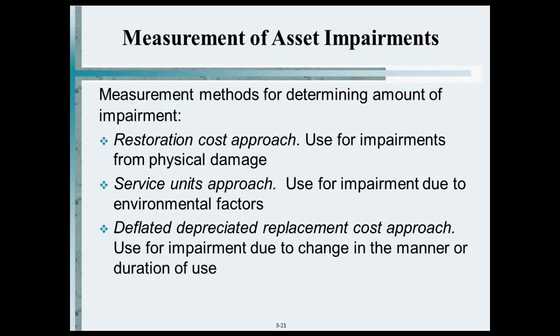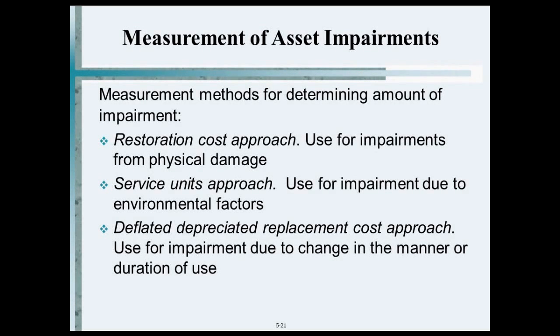There are 3 different methods for determining the amount of impairment. And notice how they are associated. Physical damage. What does it take to restore it? Okay? That's easy. Make sure you count also the insurance you're getting in. Just don't calculate the difference as the loss you've incurred, but also what you're getting back in insurance.